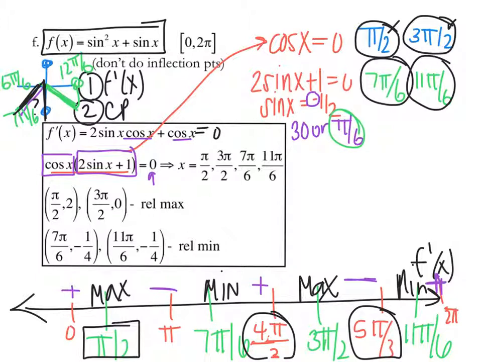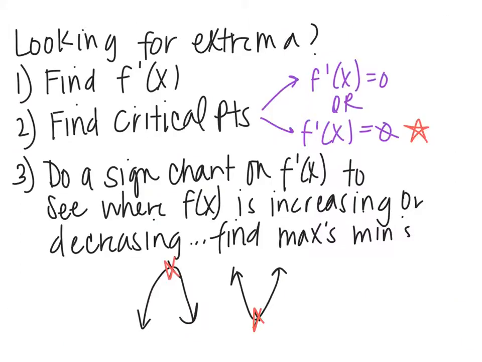So let's summarize the steps for finding critical points, increasing, decreasing, maxes and mins, and all that stuff. If you're looking for your extrema, first step, you want to find the derivative of the function. Then you want to find your critical points. Again, that's where the derivative is equal to 0 or the derivative is undefined.